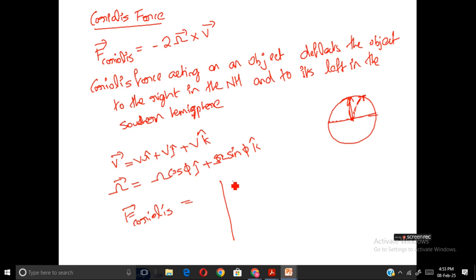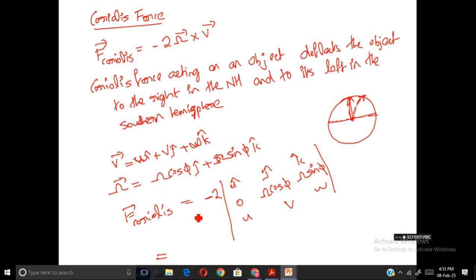Yes, it is the cross product of i, j, k; 0, omega cos phi, omega sin phi; u, v and w; minus 2. So can you calculate the cross product and tell me what it will be?